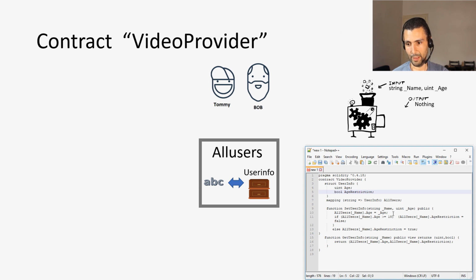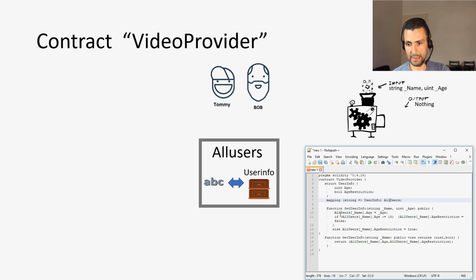In our case here, this will have the following implication on our functions. The setUser function will still get a name in its input and an integer of an age, but instead of referring directly to the age, we have to refer to the mapping itself.